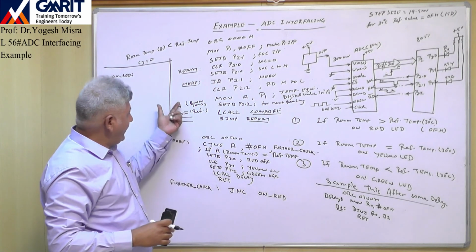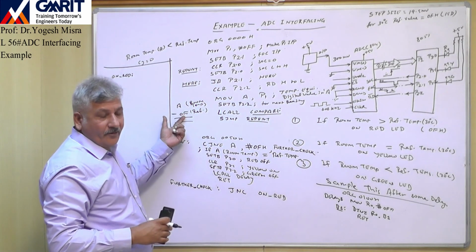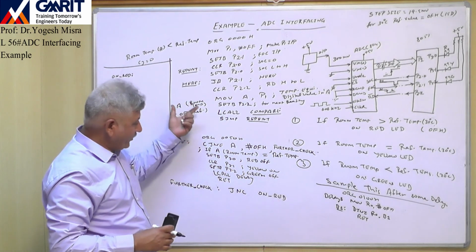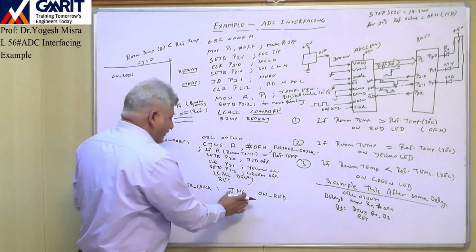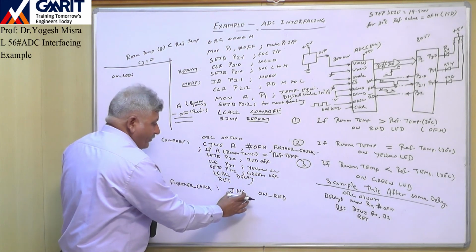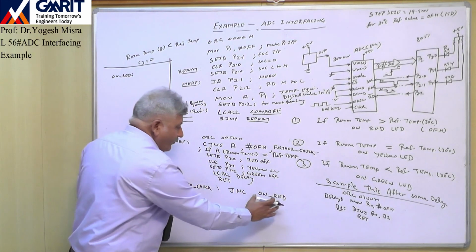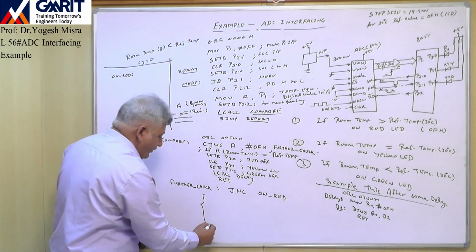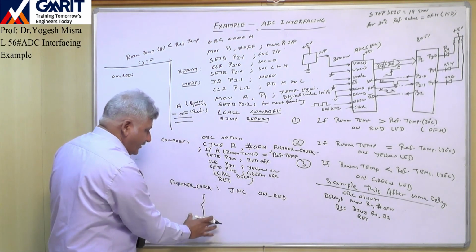So if A is less than 0F, room temperature is less than reference temperature, then carry will be generated. In that case, due to this instruction, the sequence of the program will not go to the label on_red. It will remain here and execute these sets of instructions.